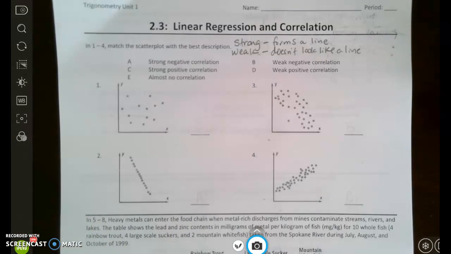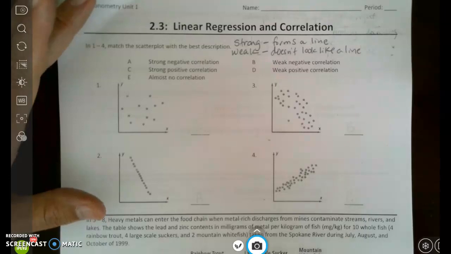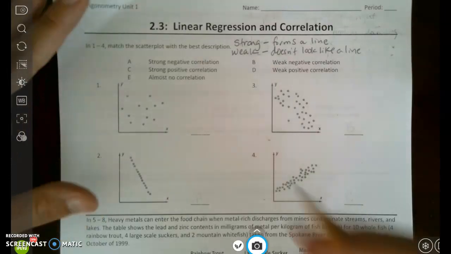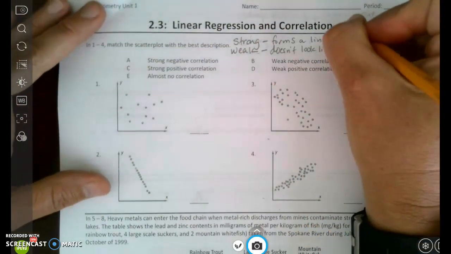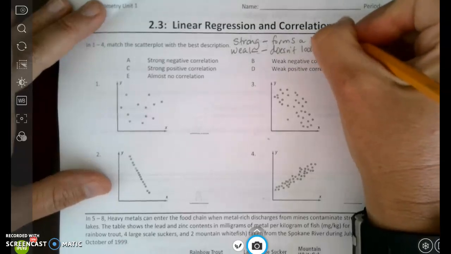Okay. So that's the strong versus weak. The other thing we have to talk about is positive or negative, and many times with linear we also use the terms increasing and decreasing. So when we say that something is positive, I'll use a plus sign for that, that means it's increasing.